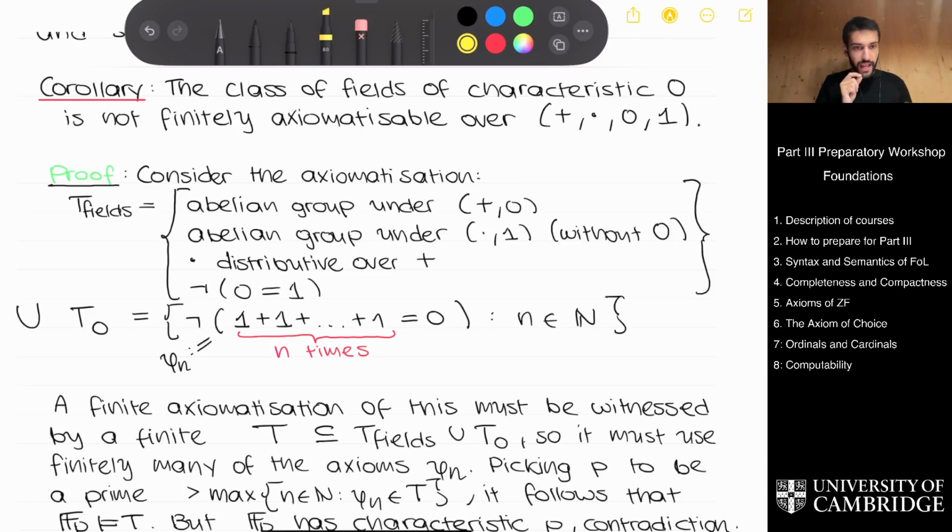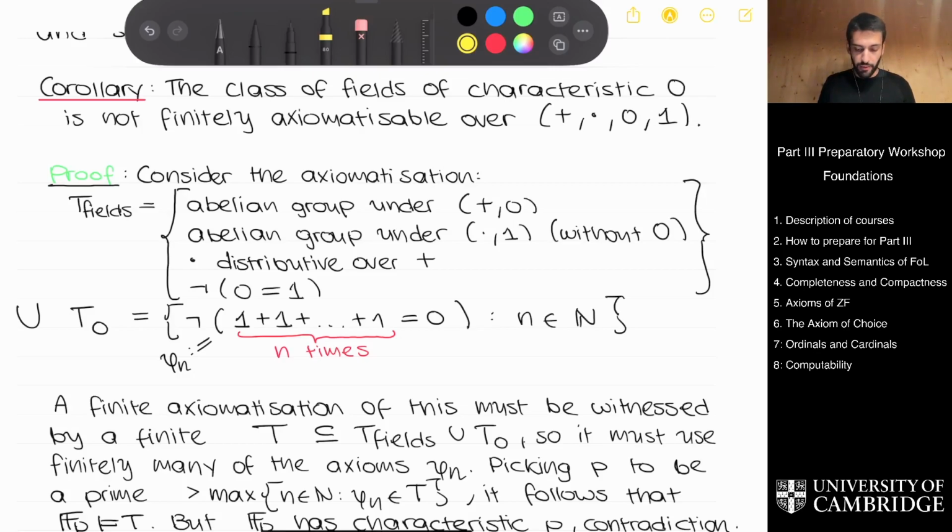And then, at least one way of saying that you have characteristic 0 is to add infinitely many sentences, each one saying that 1 plus 1 plus 1, n times, is not equal to 0. And I add these sentences for all values of n.